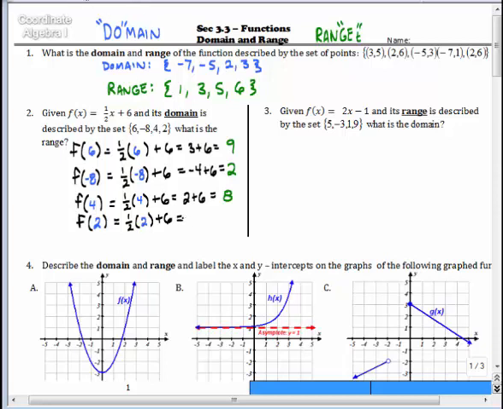So half of 2 is 1, and 1 plus 6 is 7. So we need to evaluate all those. If we're going to limit the domain to just that, then the range would just be all the possible outputs that were given from those inputs. So the range, again in ascending order, would be 2, 7, 8, and 9.